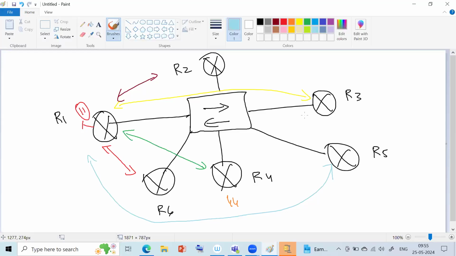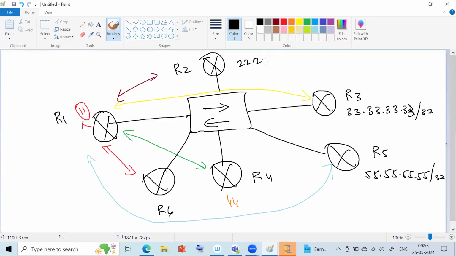R1 knows about everybody's routes now. It knows about the 55 network here, 33 network here. When I say 33 and 55, what I mean is 33.33.33.33/32. Do not get confused. Just to avoid some writing, I have written it like that.